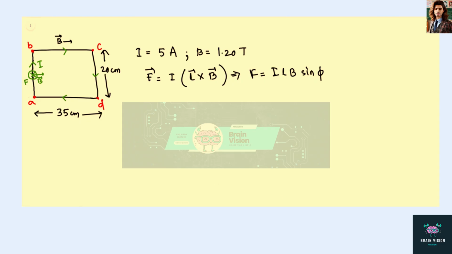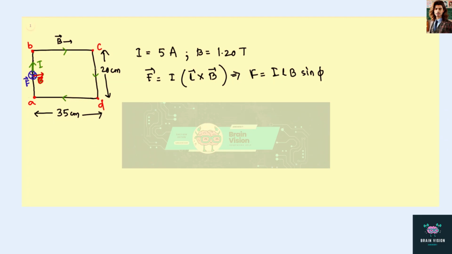So let me mark all the directions in different colors so they can be differentiated. So this is the direction of force, and this is the direction of magnetic field. And green shows the direction of the current.